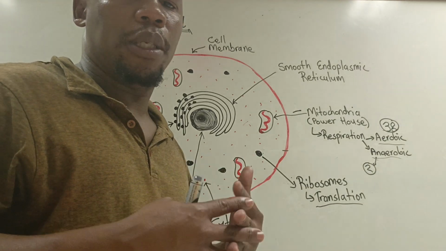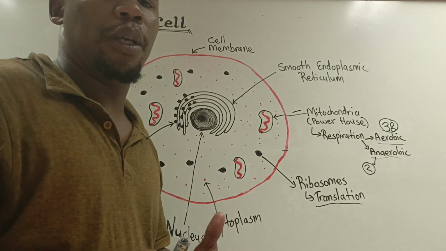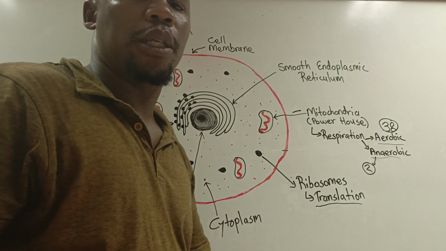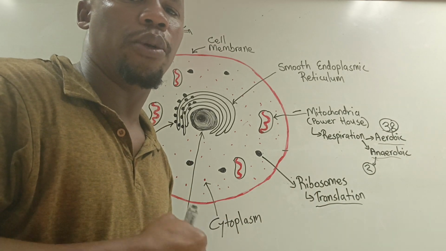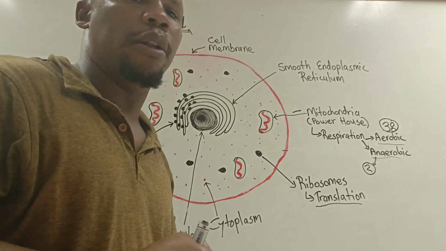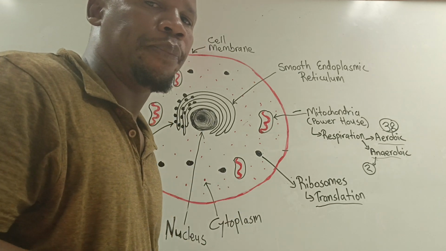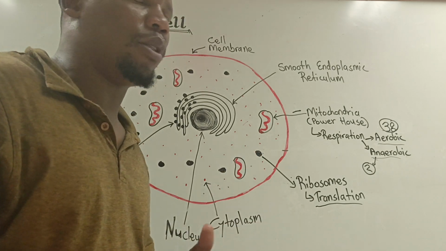we sometimes eat what you call bodybuilding foods, or the proteins. They're going to be digested into peptides. From peptides, they're going to be further digested into amino acids. Those amino acids are absorbed into the bloodstream and then finally assimilated into the cell, the destination being the ribosomes.